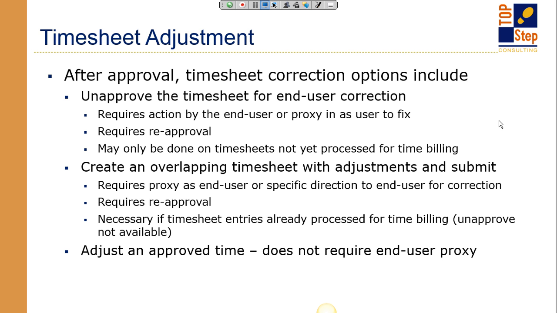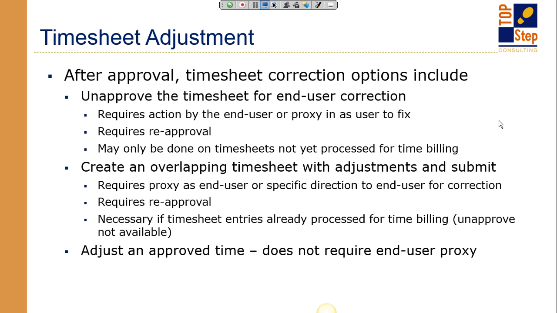They can go in, unapprove the timesheet, and then get the end user to fix it, or proxy in as the end user to fix it, and then resubmit it for approval. So it will go back through the approval process, but only for the items that were changed. Again, this is only for timesheets that have yet to be processed if you're doing time billing.